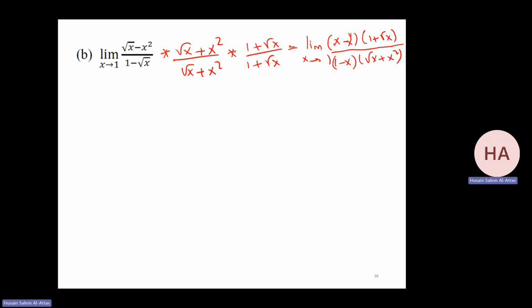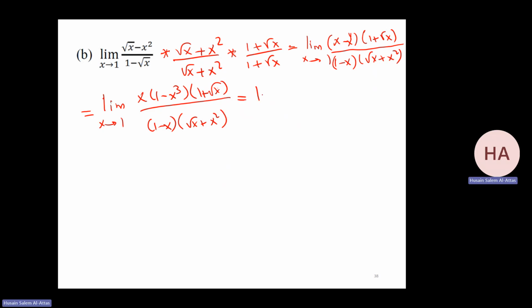Then I need to do, I can take x, I have 1 minus x cubed over 1 minus x. That will be the limit as x goes to 1.